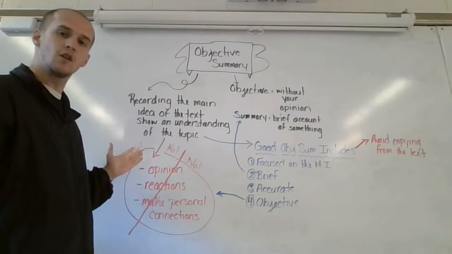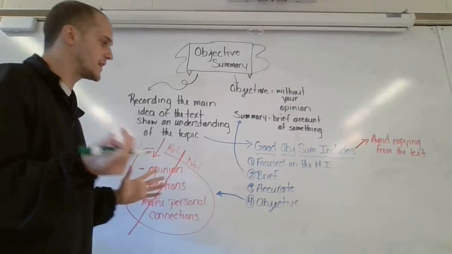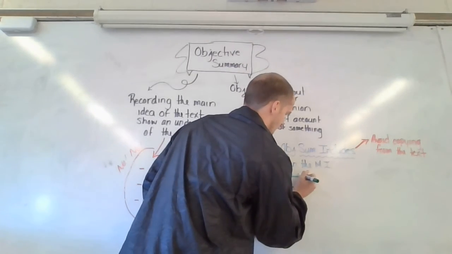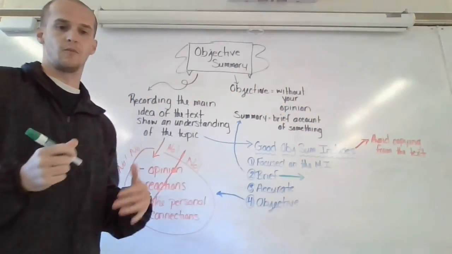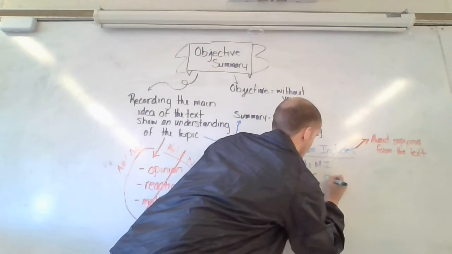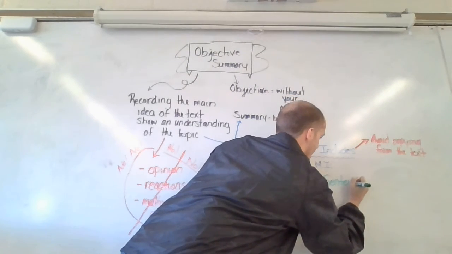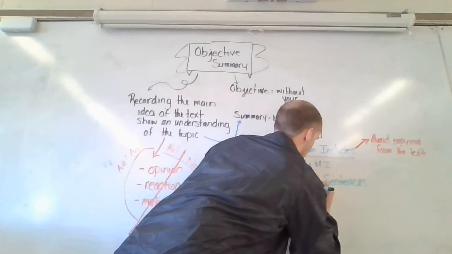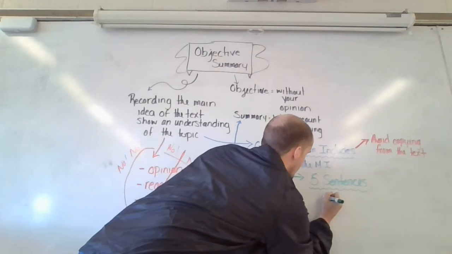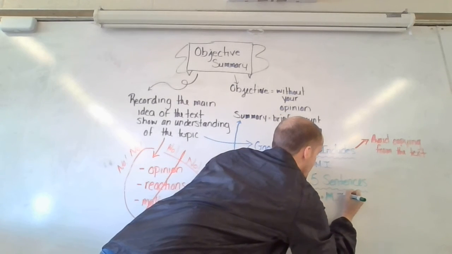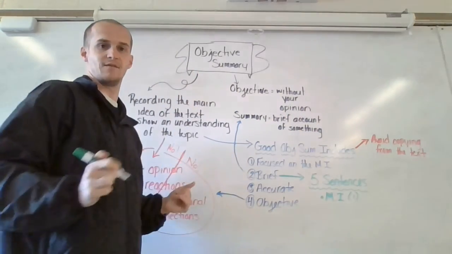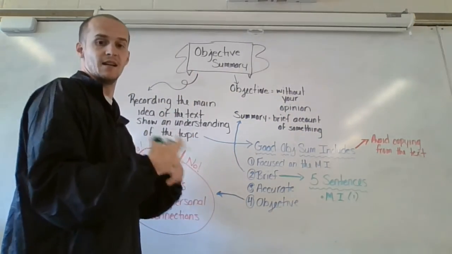And so, how long should an objective summary be? Well, we know that it should be brief, and for the most part, your objective summary should be around 5 sentences. That's because you're going to provide the main idea, and that's 1 sentence. So, what is the main idea of the text? What does the author mainly want you to get from this text?